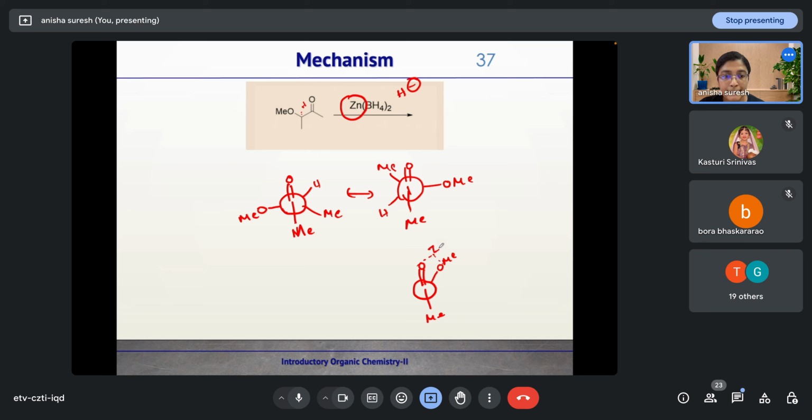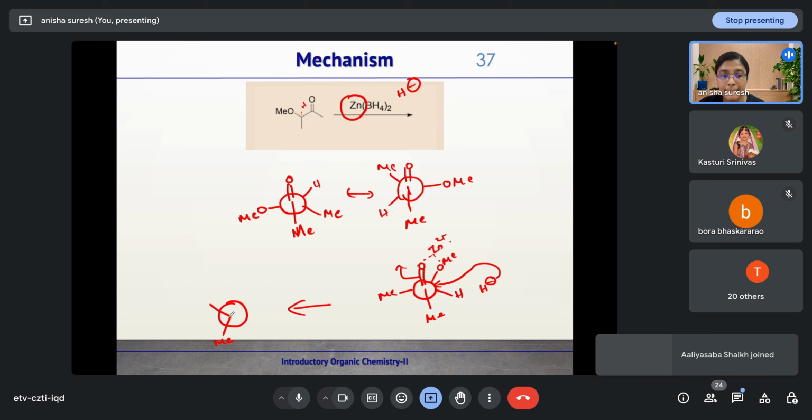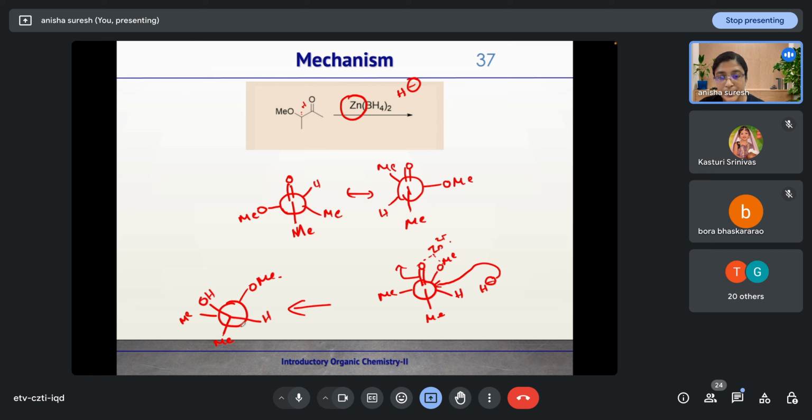OMe. Now the hydride will be coming and attacking from this side, resulting in the formation of Me, hydrogen, OH, OMe, methyl. Sorry, this will be hydrogen, hydrogen. Fine.